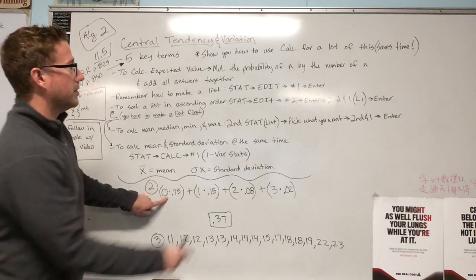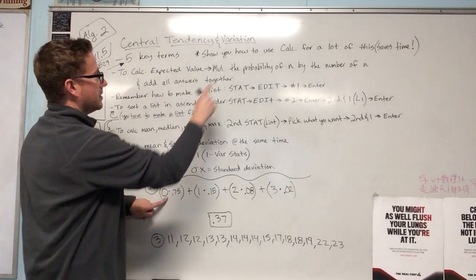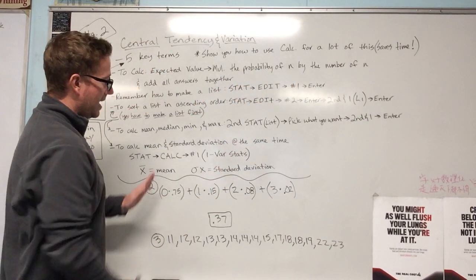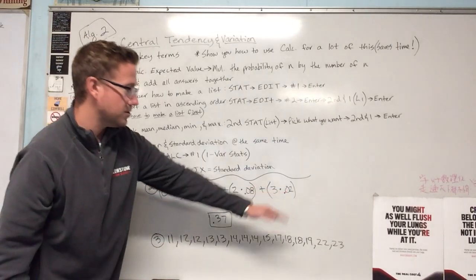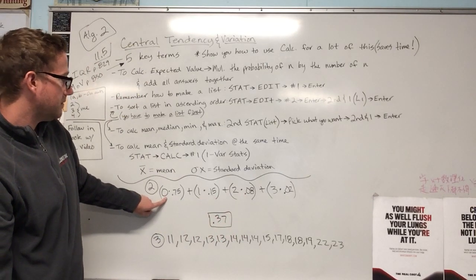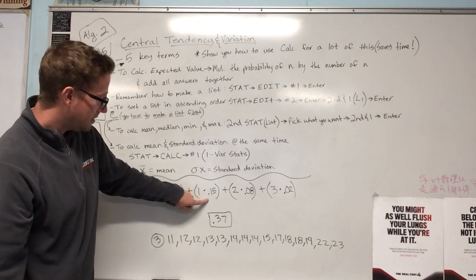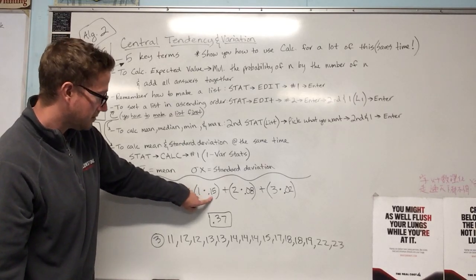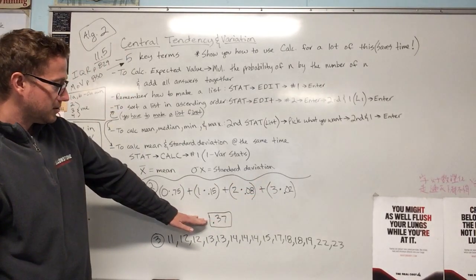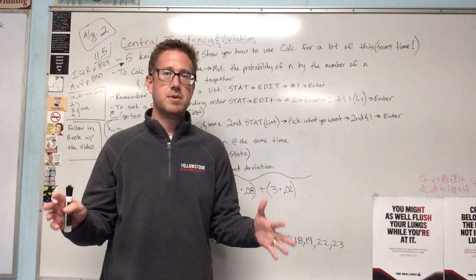The first number is the number of n, and the second number is the probability of n. And so you're multiplying and then adding all of those answers together. So all I'm doing here again is you have the number of n multiplied by the probability of n, and you add that to the next number of n times the probability of n. You work all the way through, and you're going to end up getting this answer right here of 0.37. That's all you got to do to get the expected value.